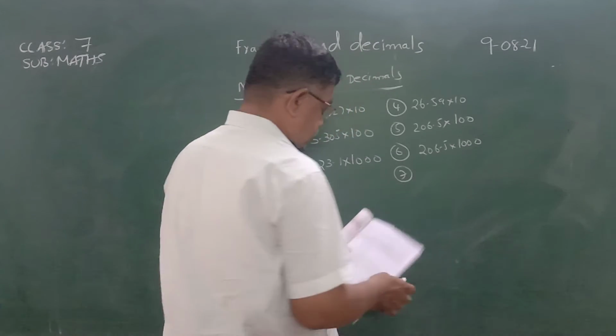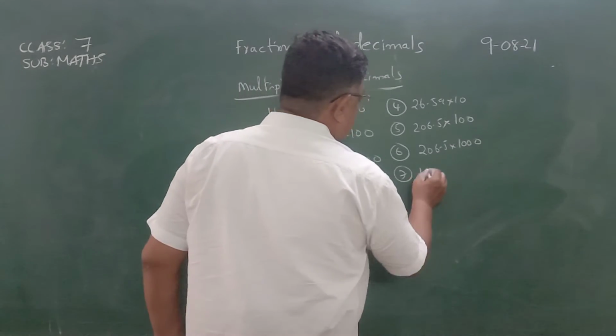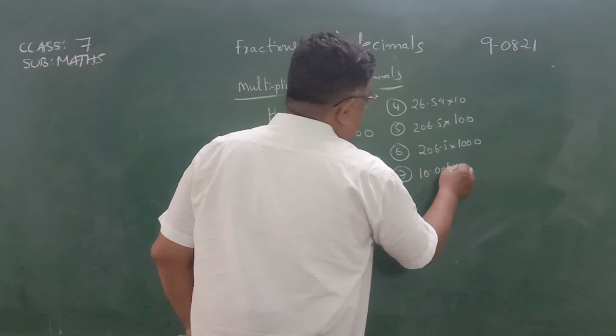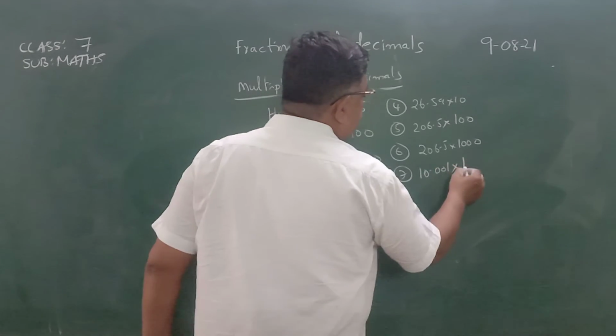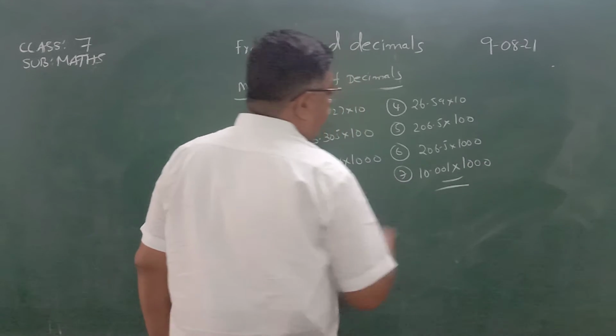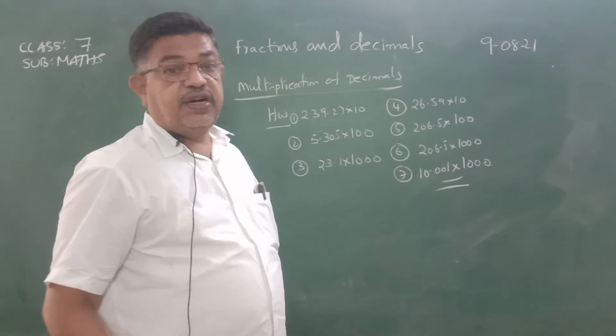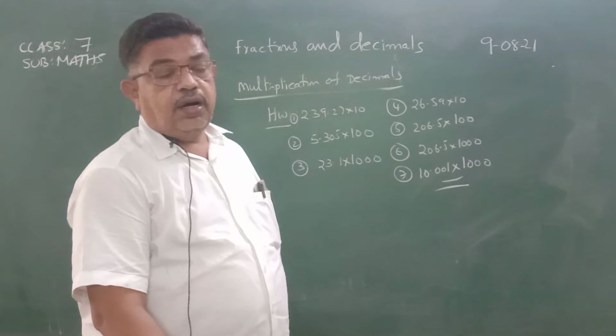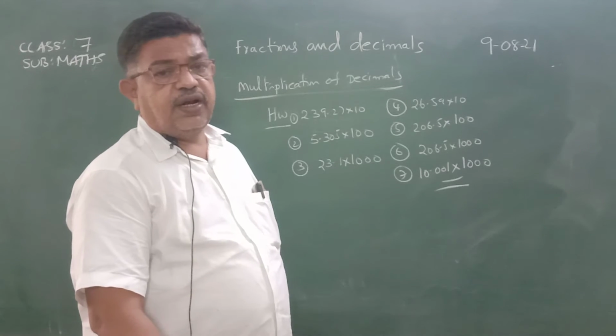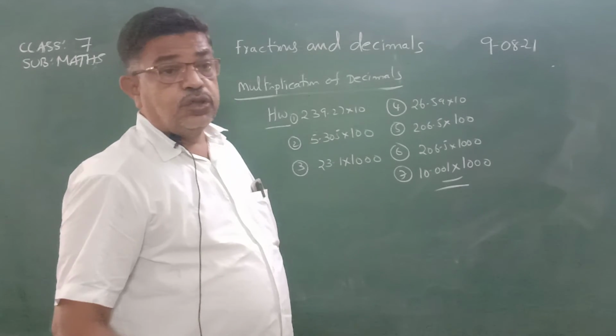Seventh problem, 10.001 into 1000. So all these you can try as homework. You are multiplying the given decimals with 10 or multiples of 10. Multiples of 10 are 100, 1000, 10,000 and so on.